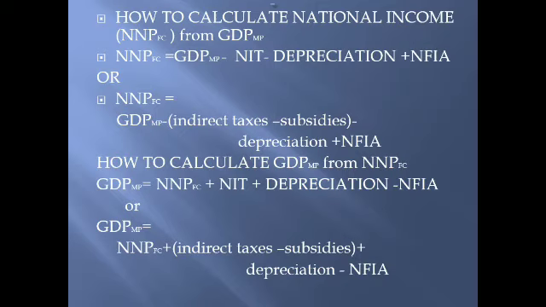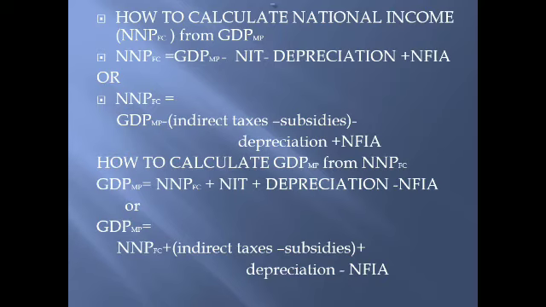So here national income, that is NNPFC, is equal to gross domestic product at market price minus NIT. So when you are doing minus NIT, that is converted into FC, minus depreciation, so that GDP is converted into N, that is net, gross is converted into net, plus NFIA.